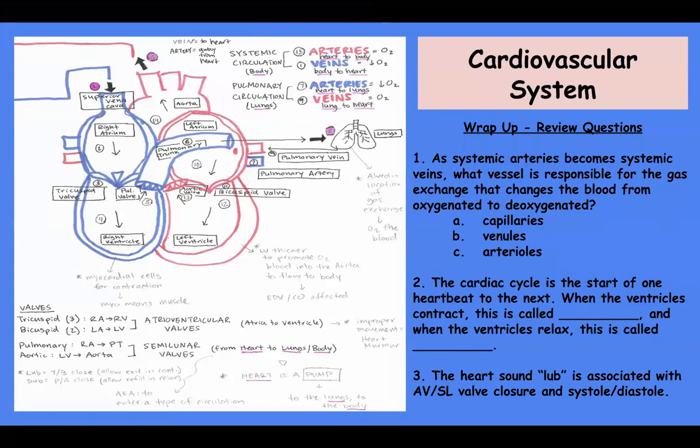Venules and arterioles are the 2 vessels that connect the capillaries to the veins and the arteries. So the order is going to be veins to venules to capillaries to arterioles to arteries.